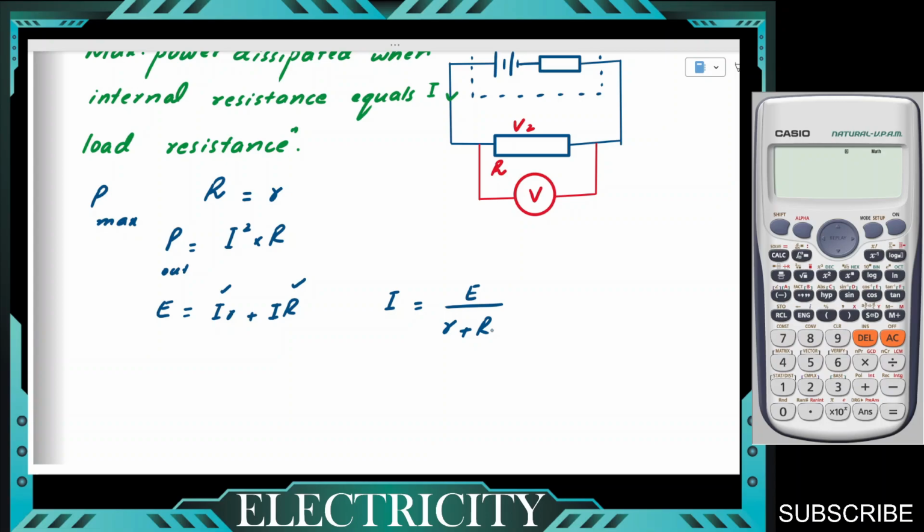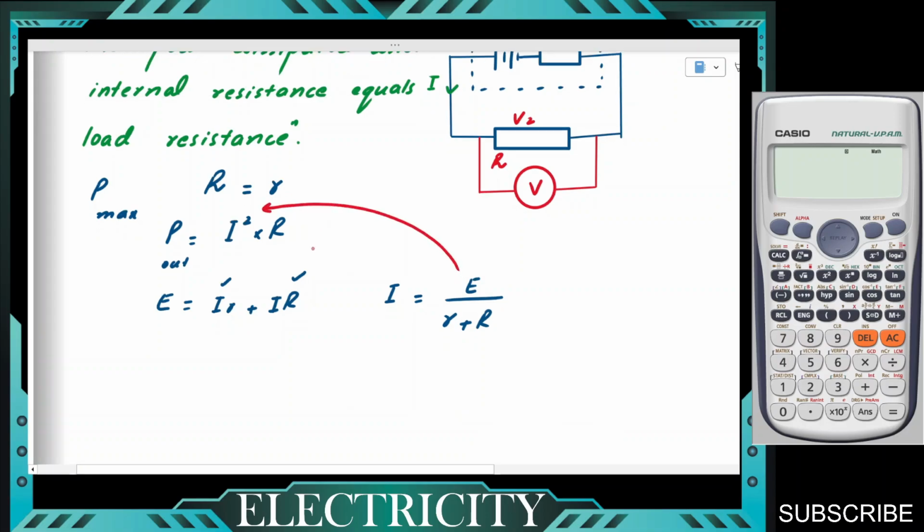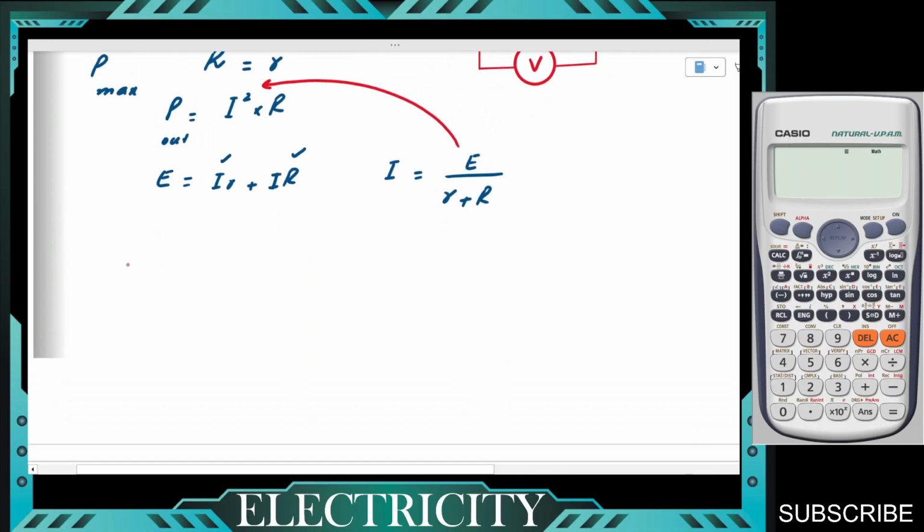Now I'm going to insert this expression for I in this formula over here. So let's see what we get. The output power equals I squared.